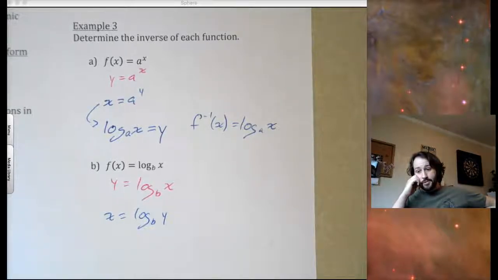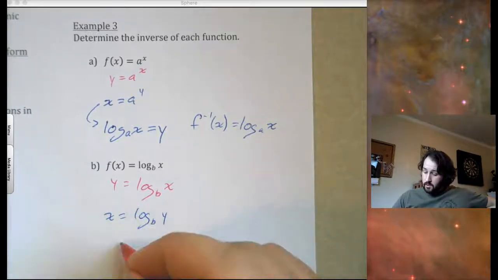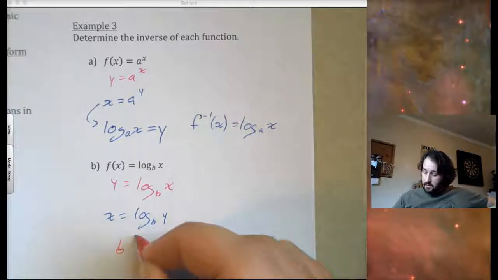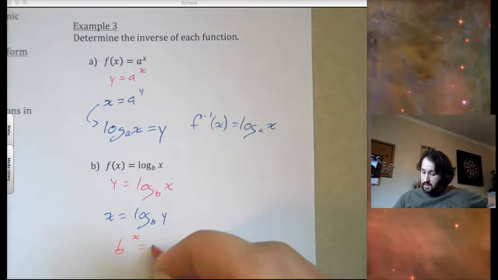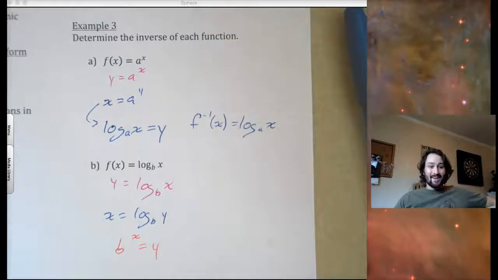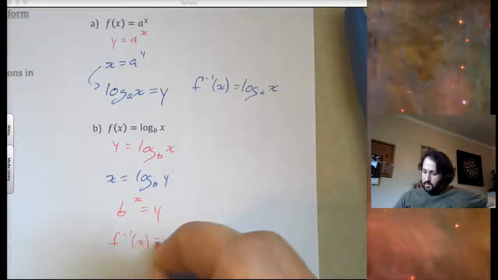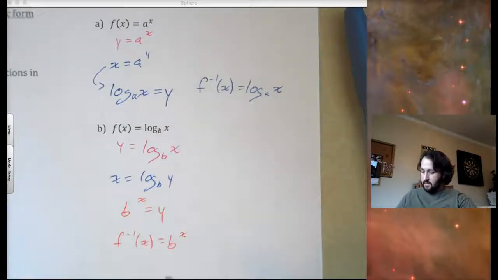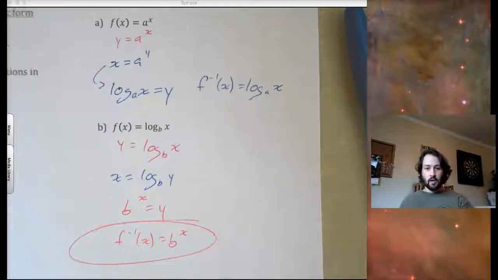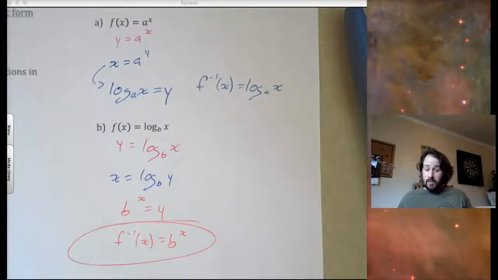I'm going to do b to the x. I'm going to rewrite this in exponential form. So b to the x equals y. Hey! I got the y by itself. So f inverse of x equals b to the x. All right, that's pretty much it.